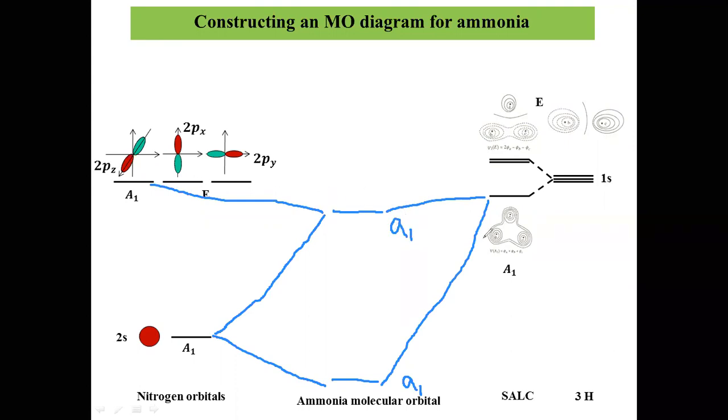Now the other one is going to be a combination of this and this with negative combination. So that is kind of anti-bonding, and that is going to be somewhere here, let's say. So that is another A1. To make it separate, this is 1A1, this is 2A1, and this is 3A1.